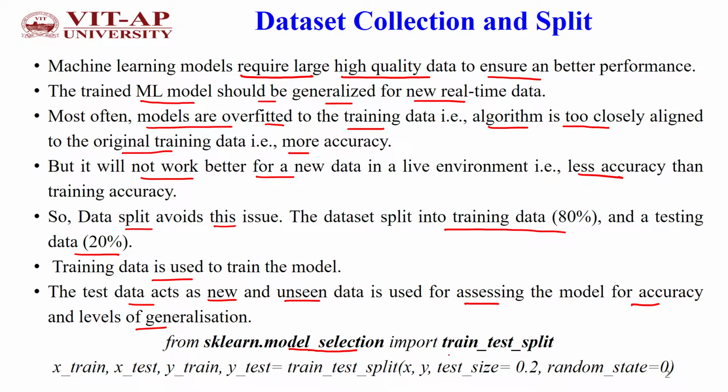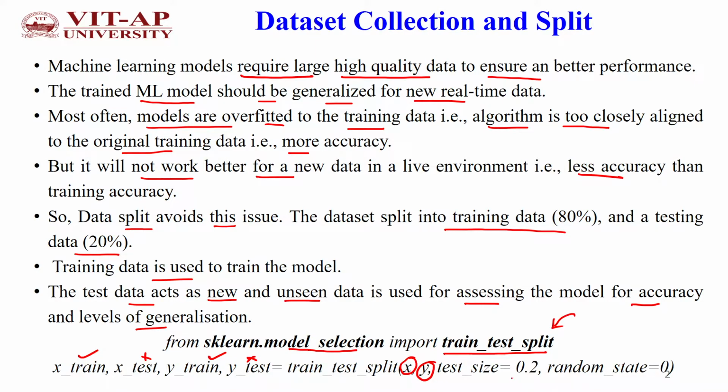has the class train_test_split. This class splits our input data into training samples and testing samples. So two kinds of samples are split from the given input and output columns.